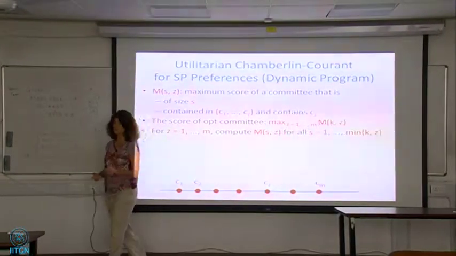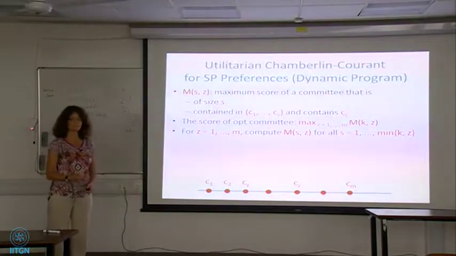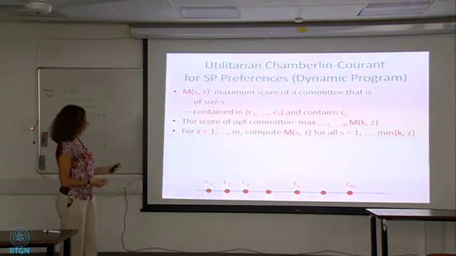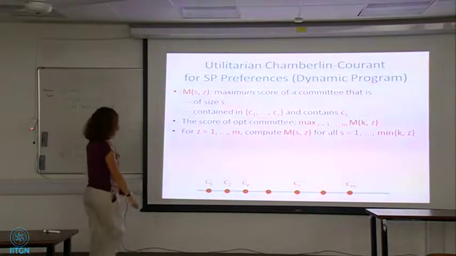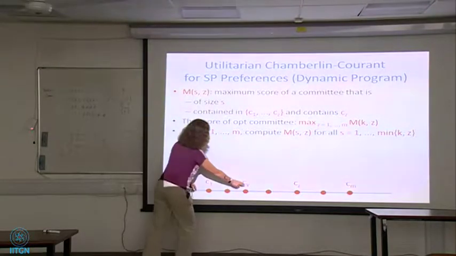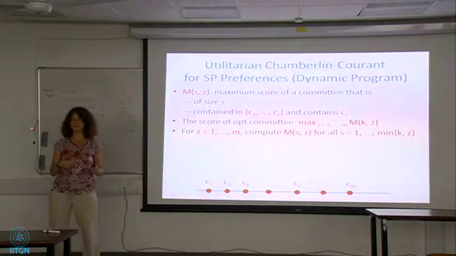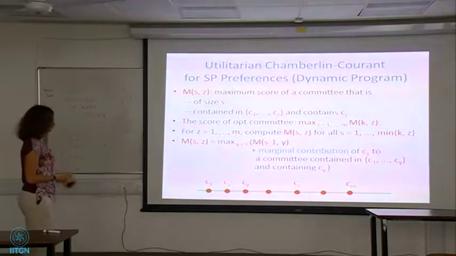So I have to go over all possibilities. Let's say that the second last guy is CY. Then the score of my optimal committee is the optimal committee of size S minus 1 contained in this prefix and containing CY, plus the marginal contribution of CZ to CY, which is what we computed in the previous slide. So the formula is this.